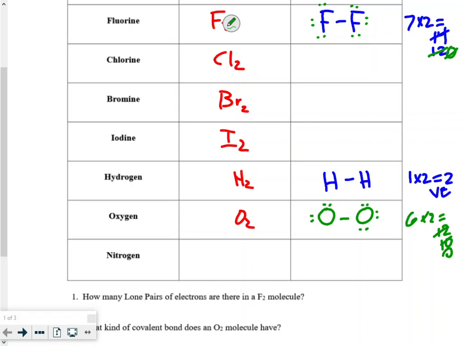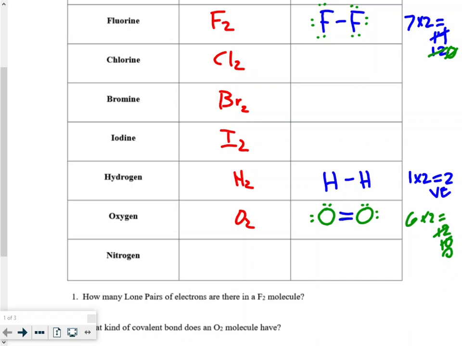Uh-oh, I ran out. Does anybody have any ideas? Yes. We need to double bond it. So I'm going to pull from this side, take 1 off, and create that double bond. So not all the diatomics are single bonded. Do take a moment to figure it out.